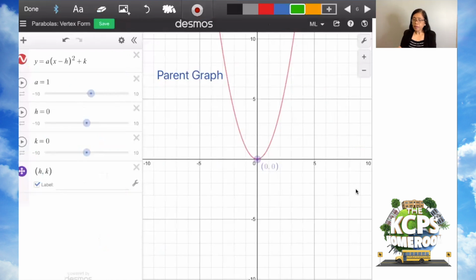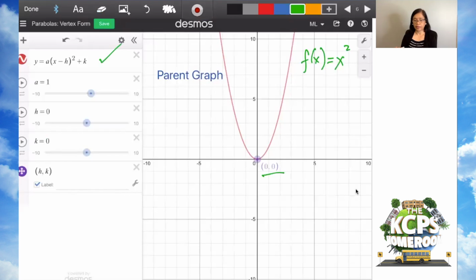Okay. We will start with our parent graph. Again, this is a parabola. So if we have our f of x is equal to x squared, this is a parabola with vertex at the origin, whose coordinates are 0, 0. And notice here on the left side, I use the Desmos Calculator.